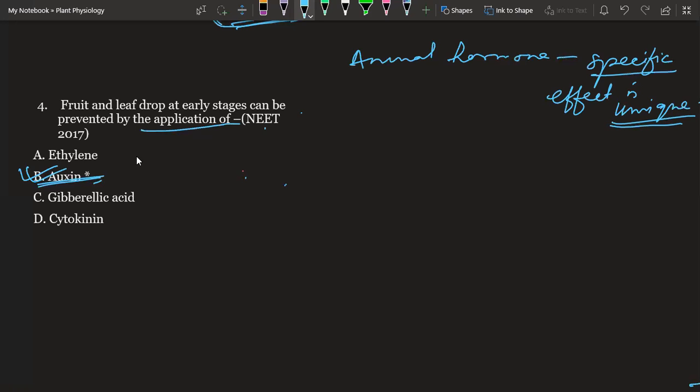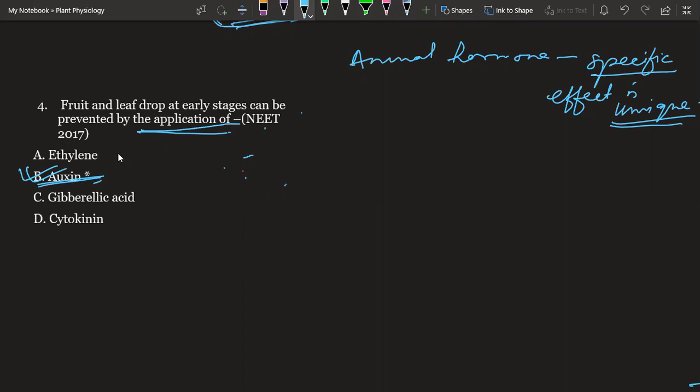But in case of plants, this is not the specific effect. One plant growth hormone can show several physiological effects. And in different species, the physiological effect of the same growth hormone may be different. But in general, we have to see the general effect.